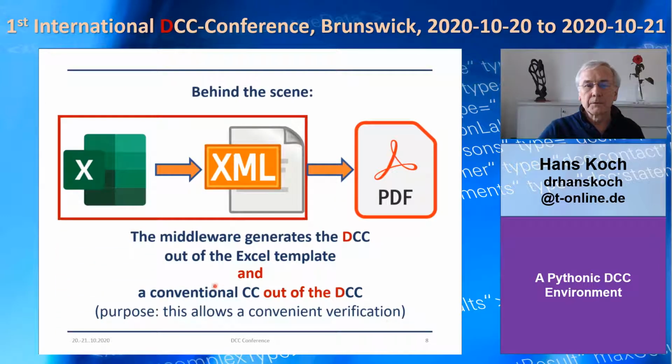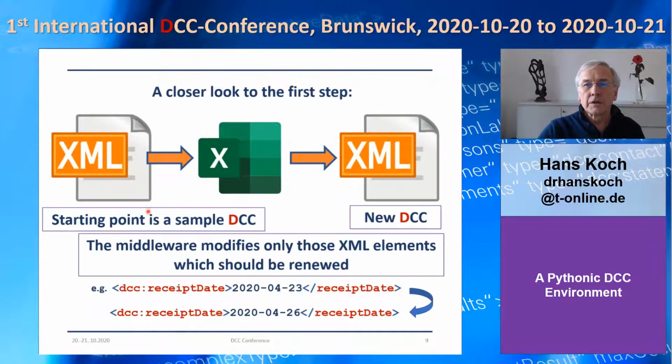Let's look at the first step from the Excel template to the XML. Actually, I start with a sample DCC that is nearly complete, and from information that I get from the Excel file, I develop then the new DCC.